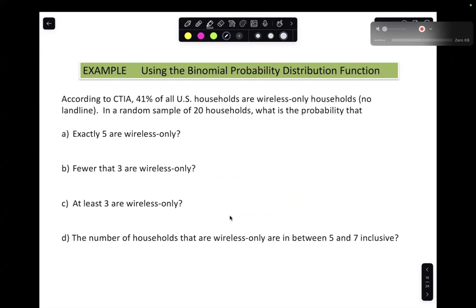So go ahead and try A, B, and C. So 41% of all households are wireless only households, and a simple random sample of 20 households. Look at these three different probabilities. Go ahead and do those in your calculator. I will work quietly behind you. I'm not going to do D yet, though.